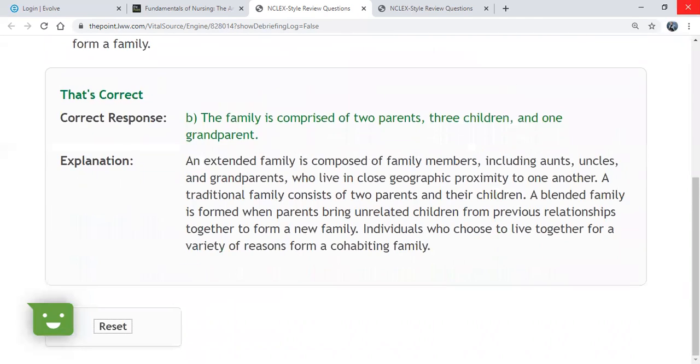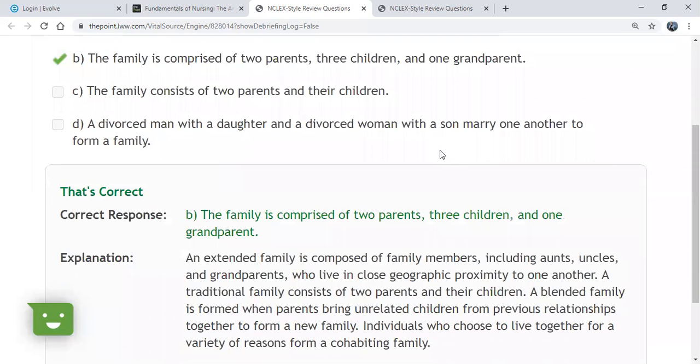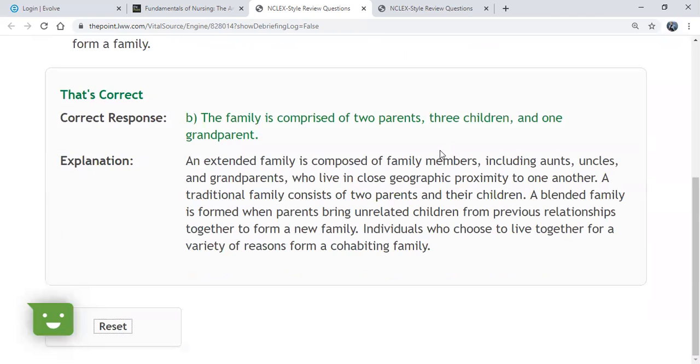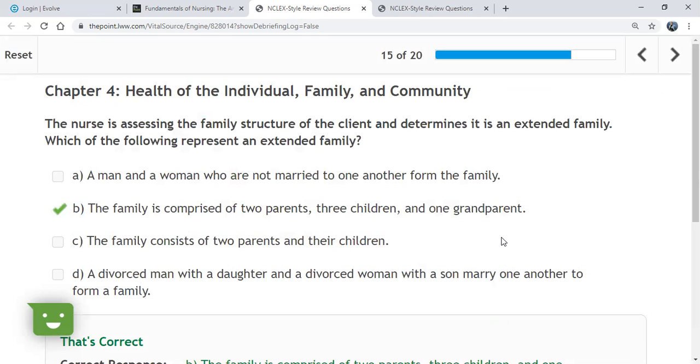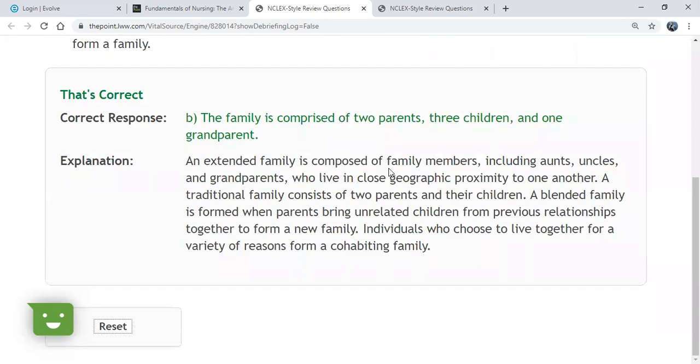The blended family would be D. Okay. And then I guess C would just be a regular family, primary family or traditional family. And then different groups of people that live together are considered cohabiting.